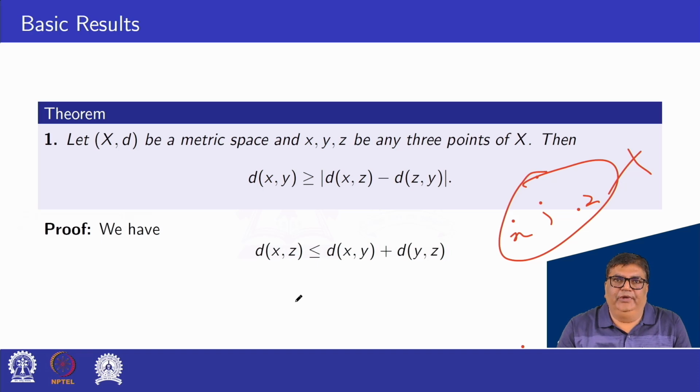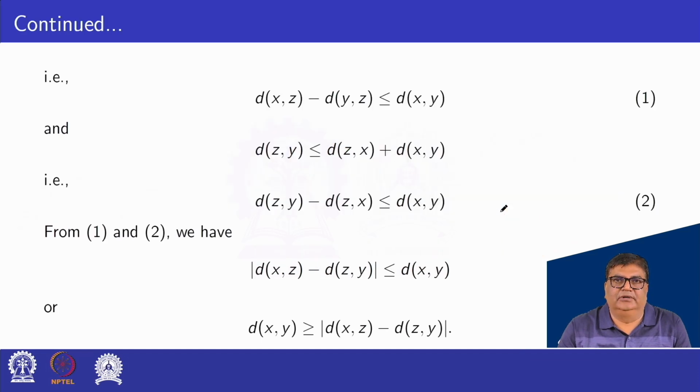Proof: we have d(x,z) less than or equal to d(x,y) plus d(y,z), because we know the third property of a metric: d(x,z) is less than or equal to d(x,y) plus d(y,z) for all x, y, z belonging to X. That is, d(x,z) minus d(y,z) is less than or equal to d(x,y).